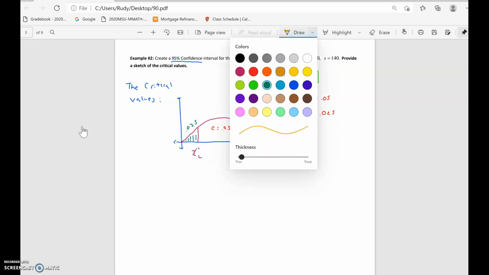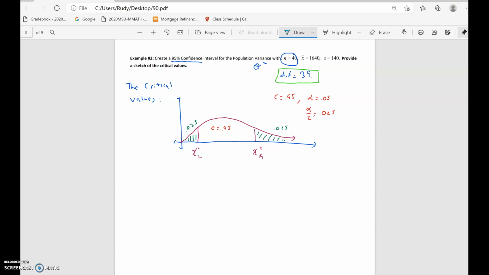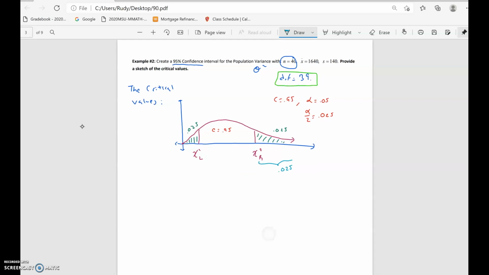So that means that the total cumulative area for the one on the right is going to be 0.025. And the one on the left is going to have the 0.95 plus the 0.025, which is going to give us a total of 0.975.